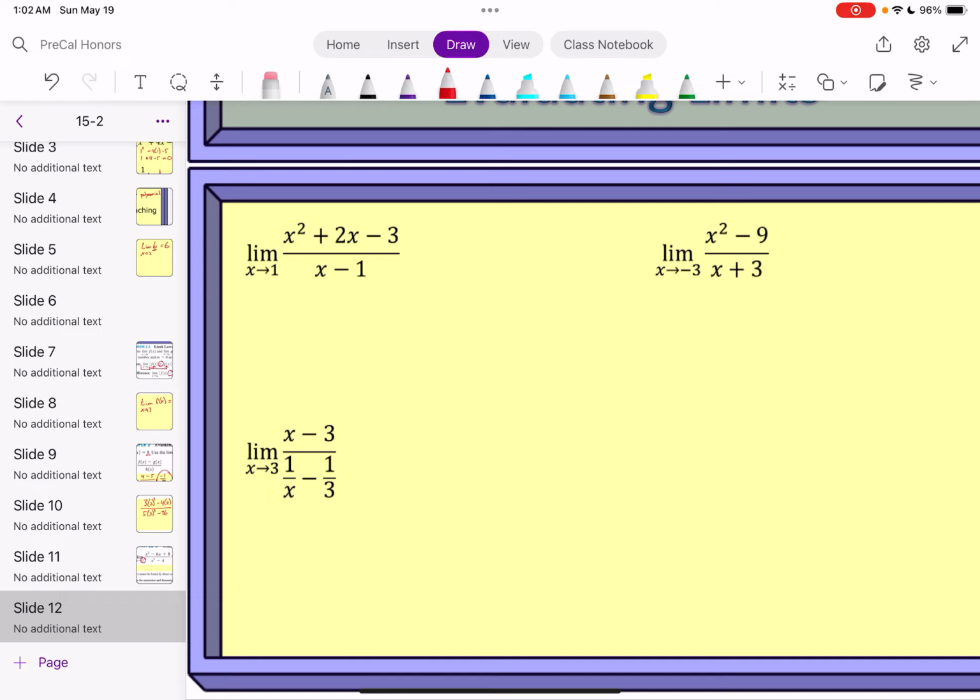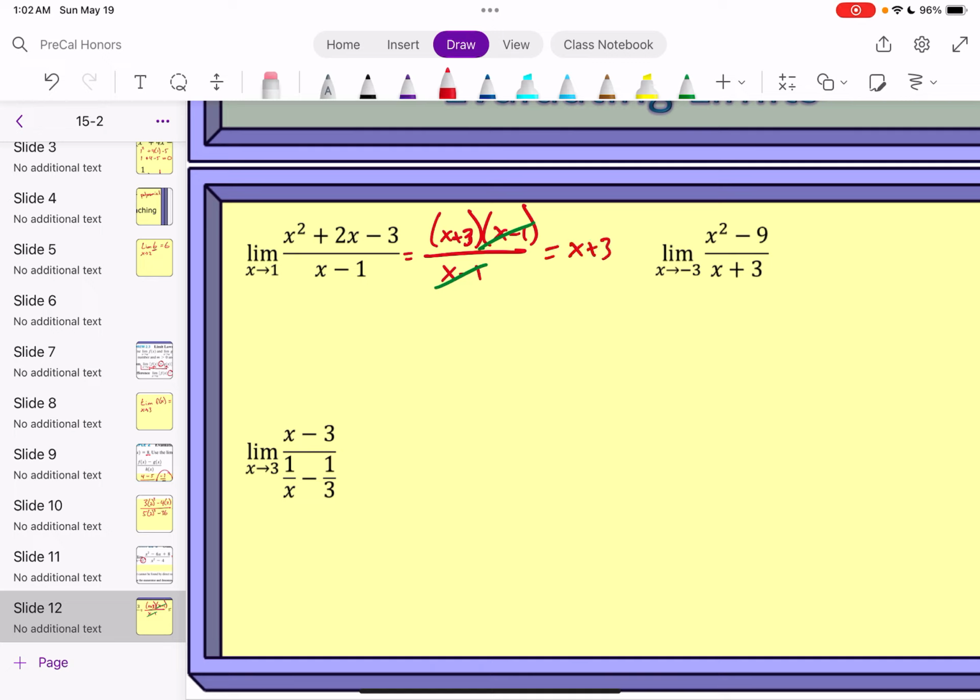So on our last slide, slide 12, you can see that we are trying to simplify our denominator with our numerator. Our numerator would simplify to be x plus 3 times x minus 1 over x minus 1. x minus 1 and x minus 1 cancel out, and we are left with x plus 3.